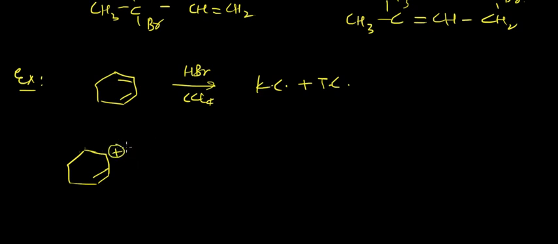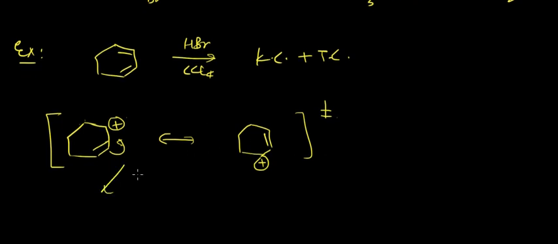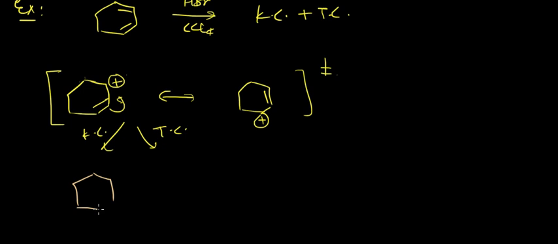Then you can check if we can make a different intermediate by having the resonance in the intermediate state. So I think both the two structures are the same, hence we will have similar KC and TC products. The TC product in this case would be the same as the KC product.